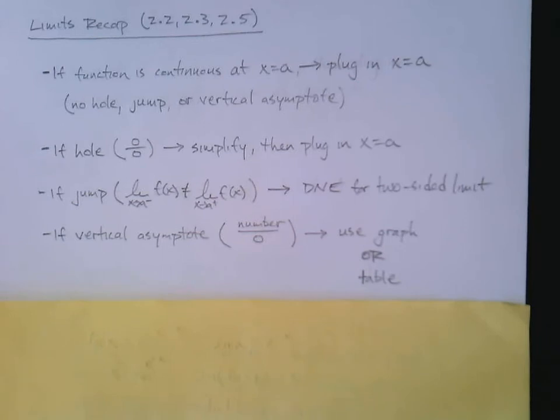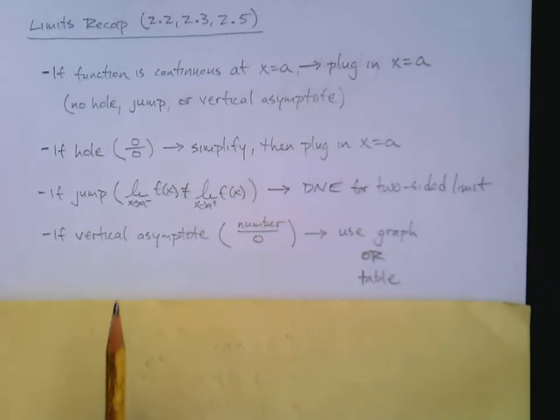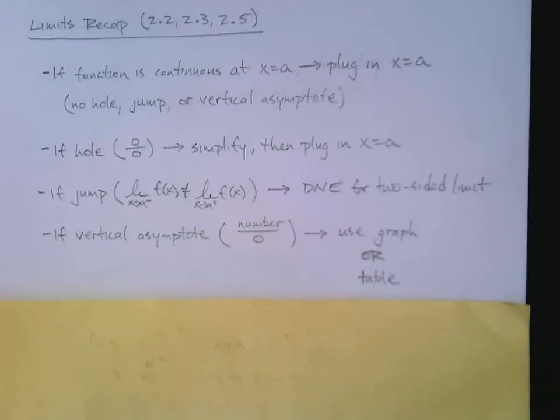Those are the only times that graphs and tables are appropriate. Why? Because when you use a graph or a table, you're just taking a good guess or an estimation at the value of that limit. That makes a lot of sense when you're talking about a vertical asymptote because there's only two possibilities. It's either positive infinity or negative infinity. Use that table or use a graph.